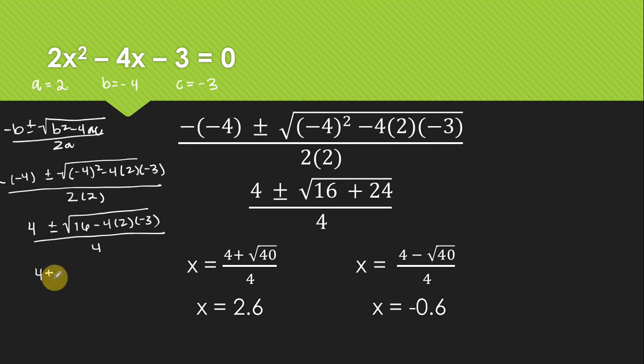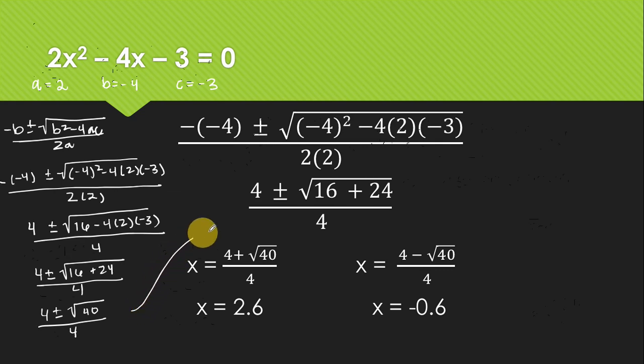So it'll be 4 plus or minus the square root of 16 plus 24 divided by 4. 4 plus or minus the square root of 16 plus 24 is 40. All divided by 4. And then I'm going to go ahead and show you. So when I add and when I subtract, and I put this into Desmos, it should give me these two answers.